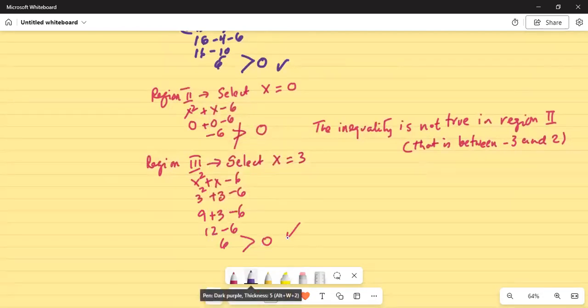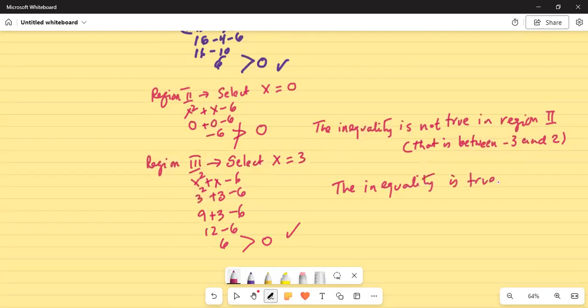Okay, so we can write that the inequality is true in region 3, which is x greater than 2. So finally, what is my solution?